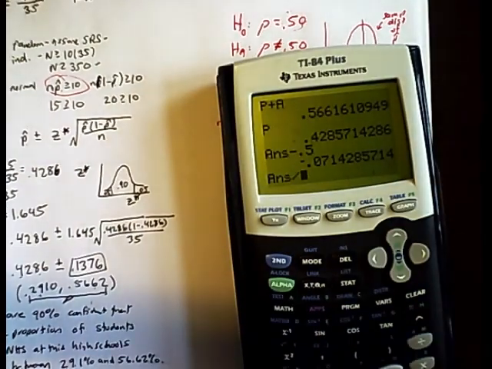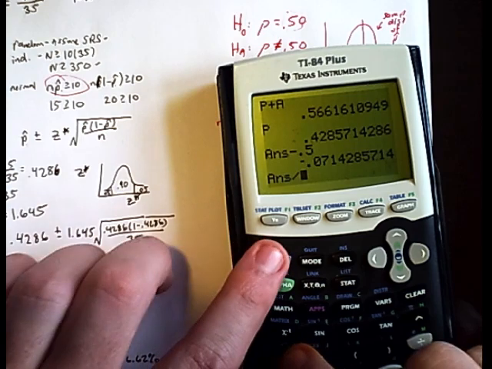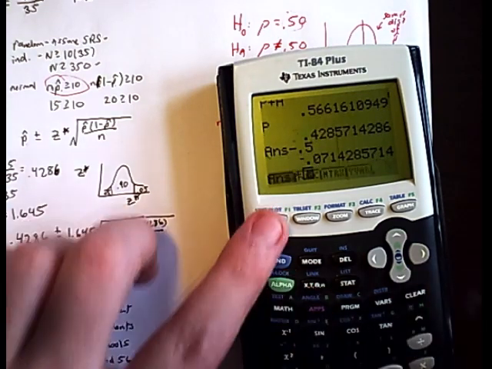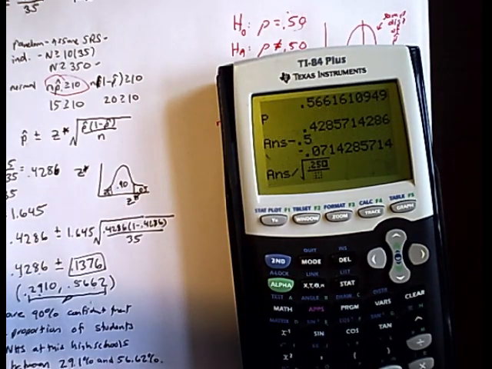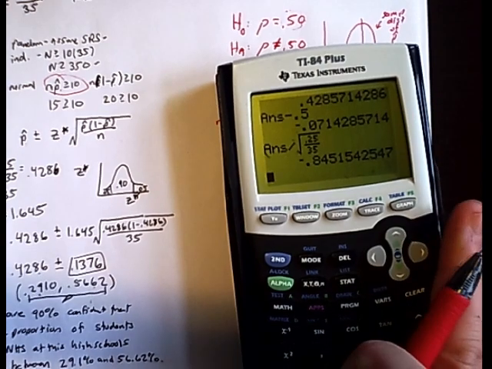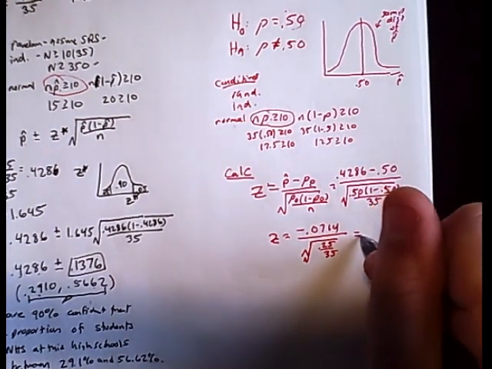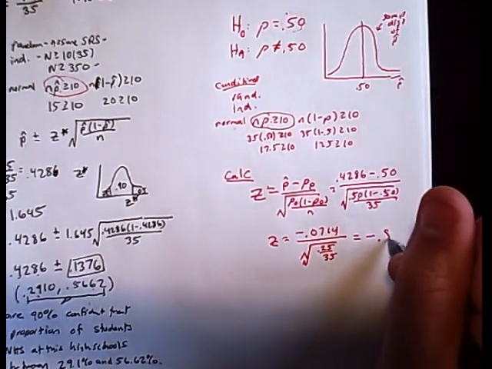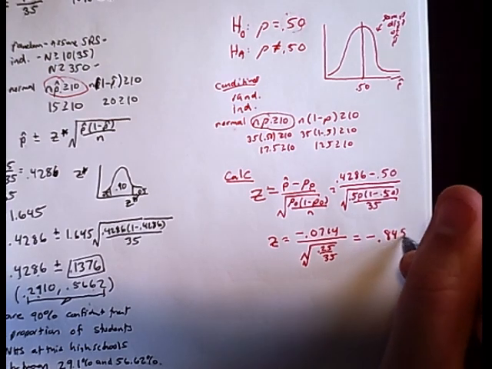I'm going to divide that by the square root of 0.25 over 35. So here it looks like the z-score is negative 0.8451.